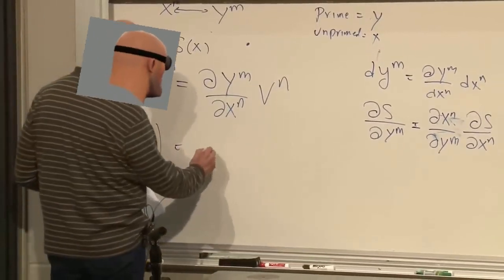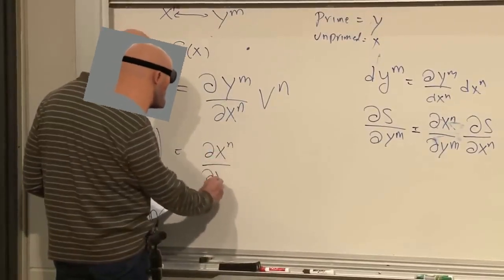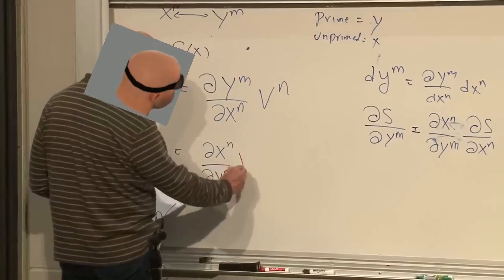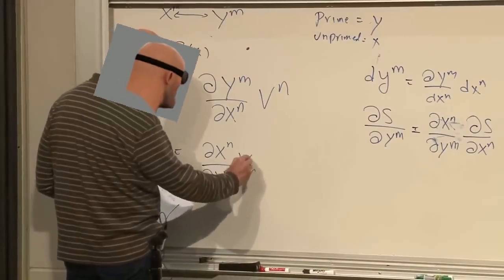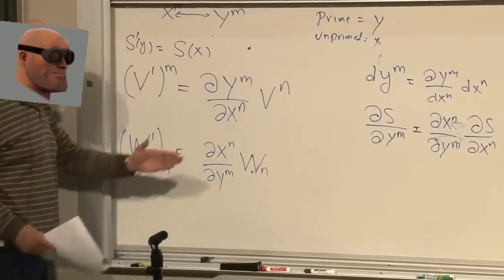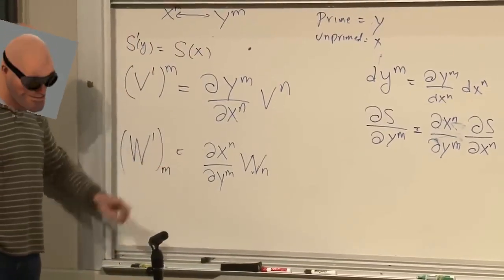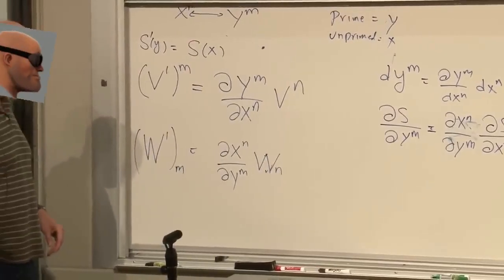This is equal to dx n by dy m Vn, sorry, Wn. Same pattern as over here. Again, dx by dy, and so forth. All right.